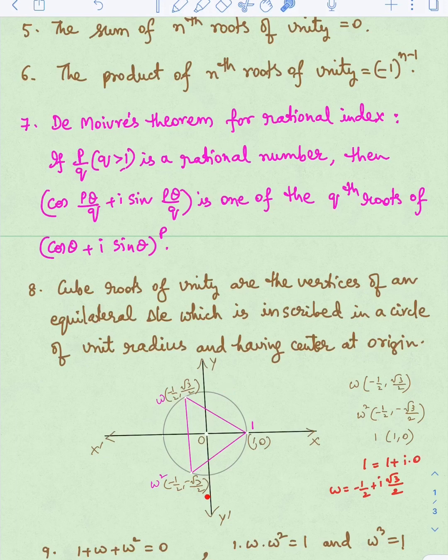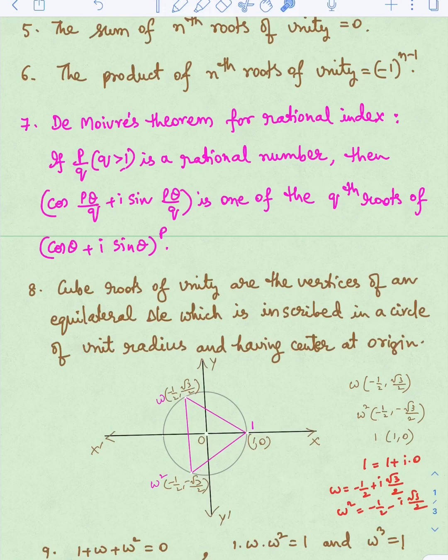In the same way, omega square also. What is omega square? Omega square is minus half minus i root 3 by 2. So you can write it in point form as (minus half, minus root 3 by 2), which is here. So this is an Argand plane, in which this is the real axis and this is the imaginary axis.